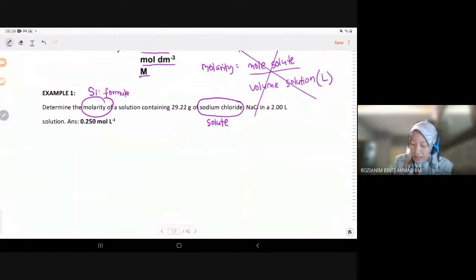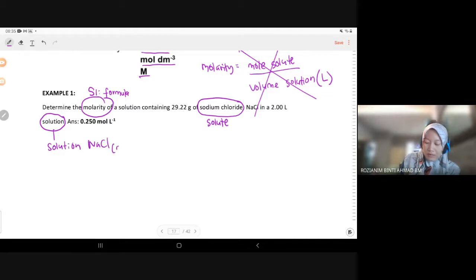And then next part, molarity involved between solute and solution. So, ada tak maklumat solution? Ada. Solution apa? Solution sodium chloride. So, kita boleh labelkan sebagai aqueous. Okay. So, sekarang ini daripada definition mole. So, the next step, this is step 2, convert into mole. Okay. And then finalize. Step number 3, substitute.